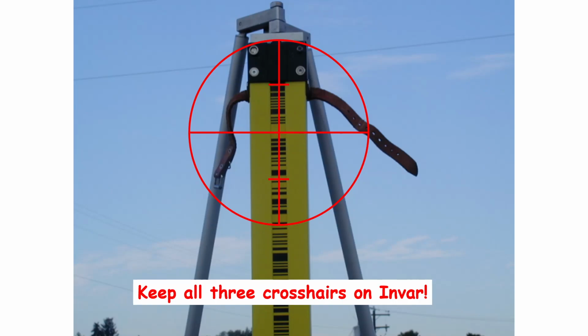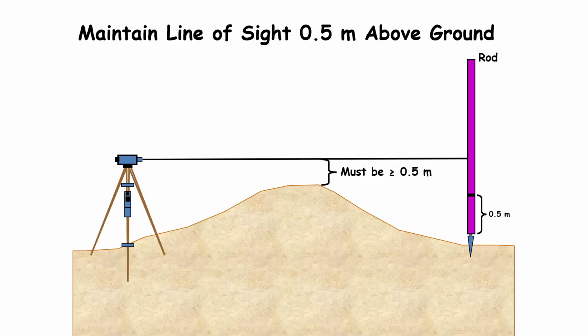It's not a good idea, so the rule is to keep all three crosshairs on INVAR on the surface where we can make measurements. Another option, maintain line of sight half a meter above ground.